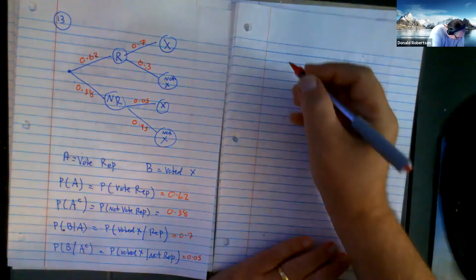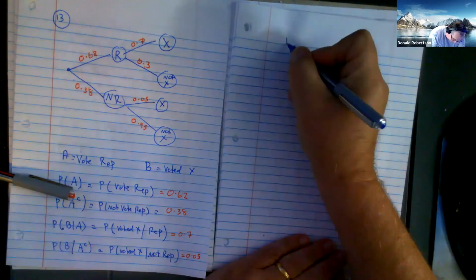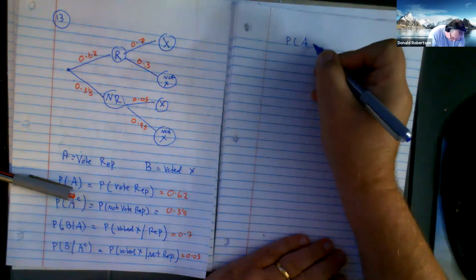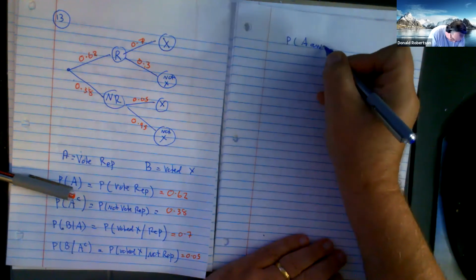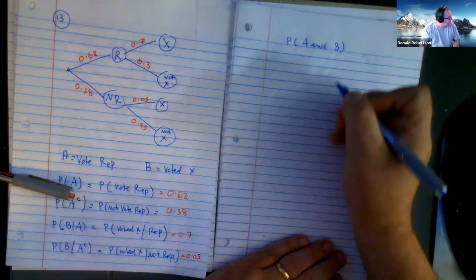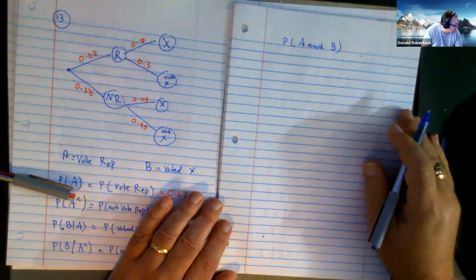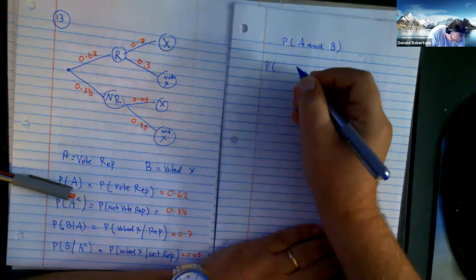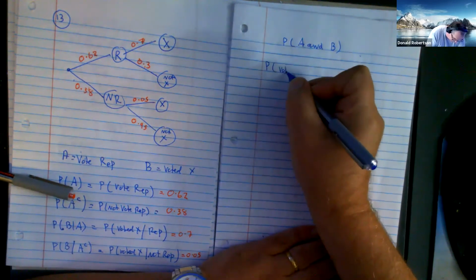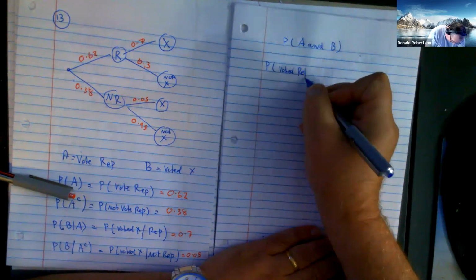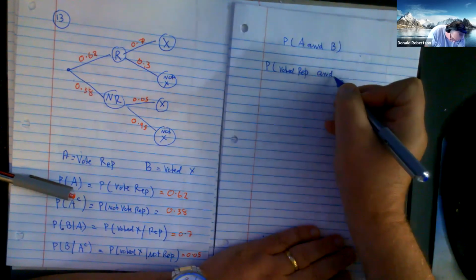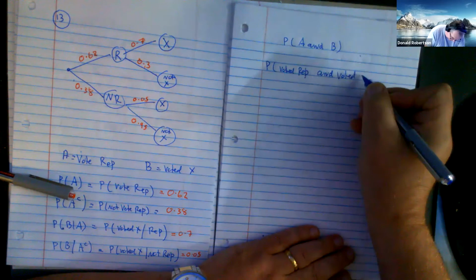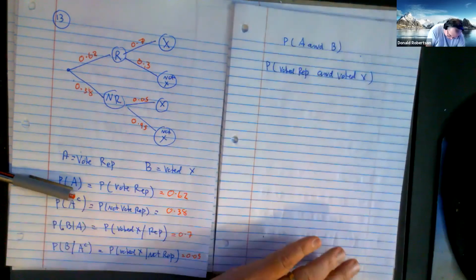Now, find the probability of A and B. So this is the probability that you voted Republican and at the same time you voted for candidate X. That's what that 'and' would look like, right?